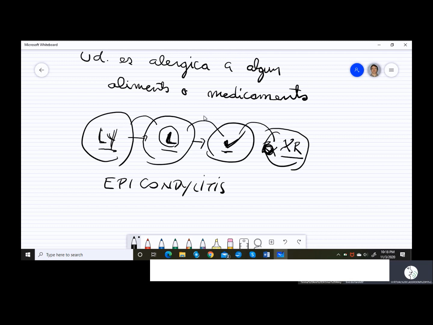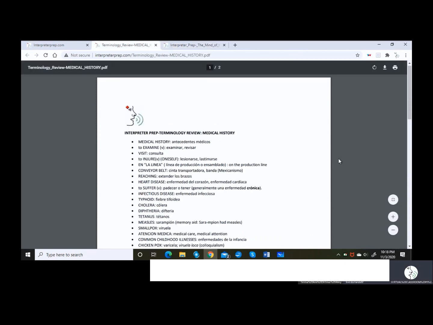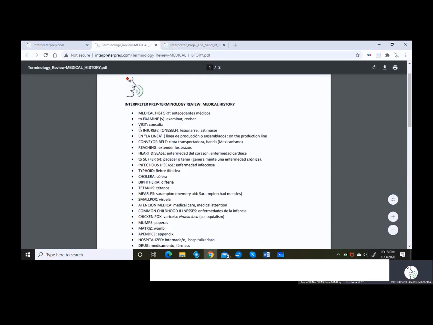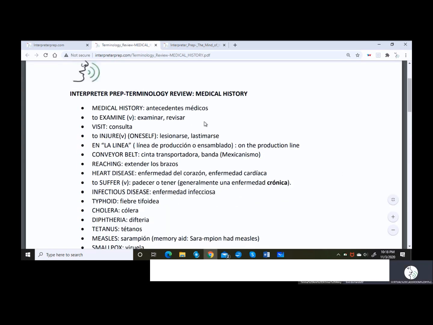Let's go over the terminology that appeared in this lesson. So, the medical history, David, is... Los antecedentes médicos. Yes, los antecedentes médicos. In real life, you will hear the word historial médico, and that's fine.